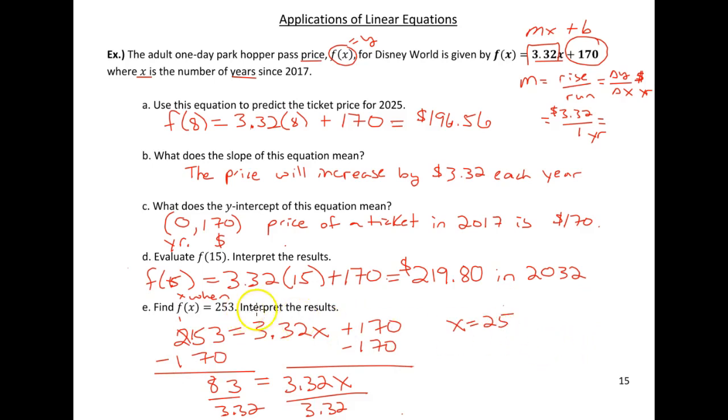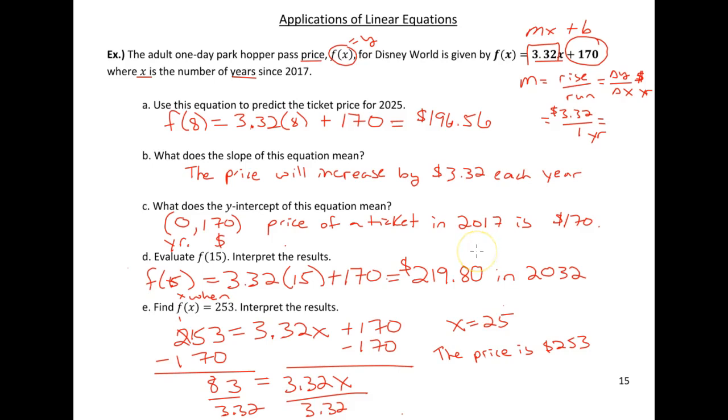And the question is, interpret the results. What does all this mean? We said f of x equals 253. But f of x is the price, so that's saying that the price is $253 when x is 25. Now that doesn't mean year 25. Again, that's years since 2017.